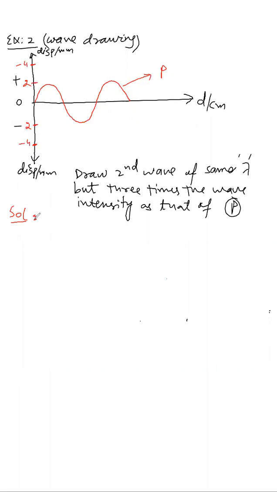Again, you'll say that intensity and amplitude are given, so you'll be using this relation again. For the first wave, let's assume that its intensity is I. As intensity is not given, you can assume it as I. If the intensity of any wave is not given, then you assume its intensity is I, and its amplitude is in the diagram, which is 2.